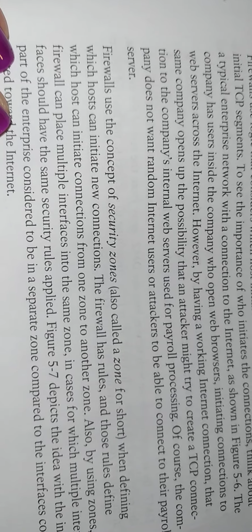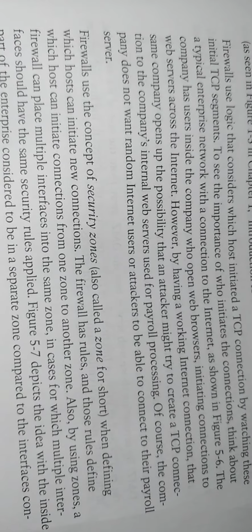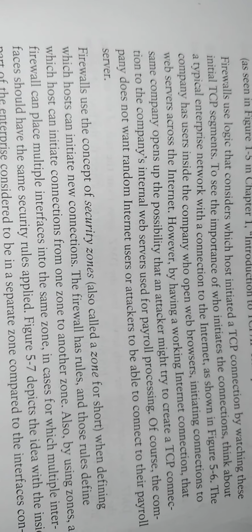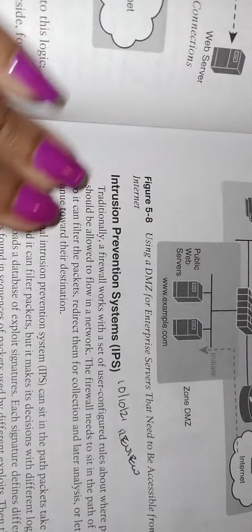The firewalls have rules, and rules define which host can initiate connections from one zone to another. All right, we're going to move on to next generation firewalls after we just go in brief about intrusion prevention systems, which is IPS.